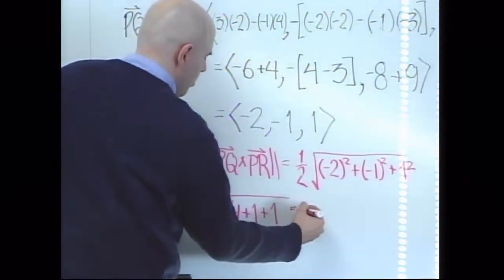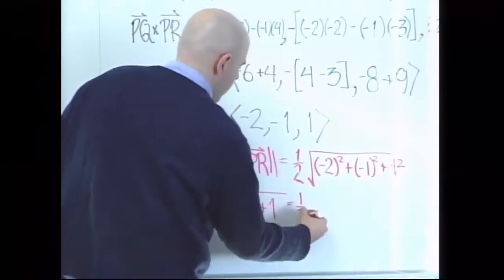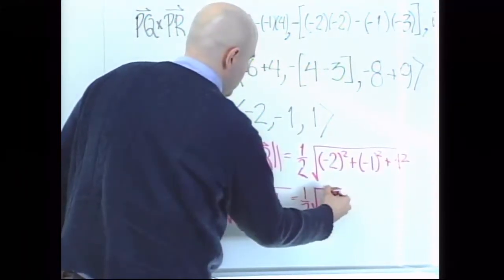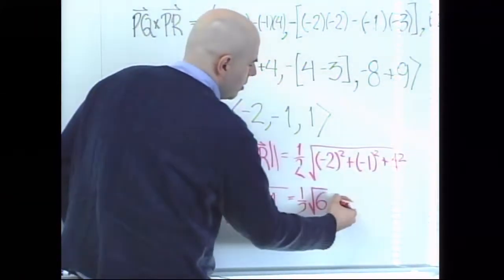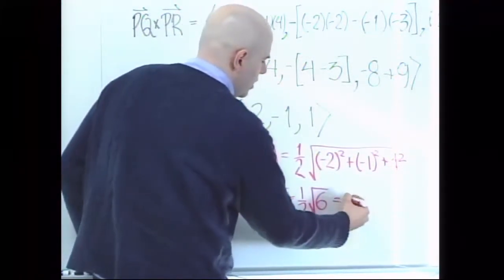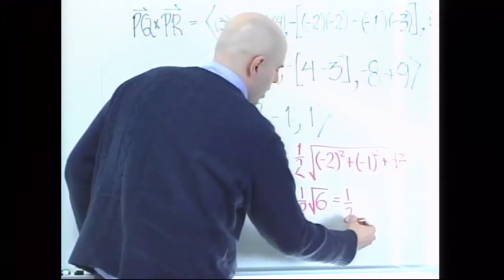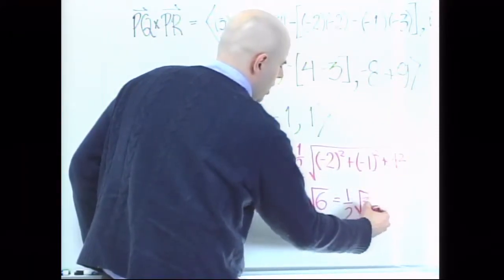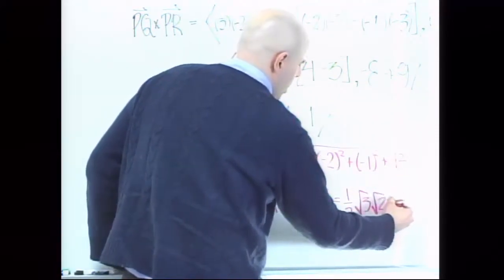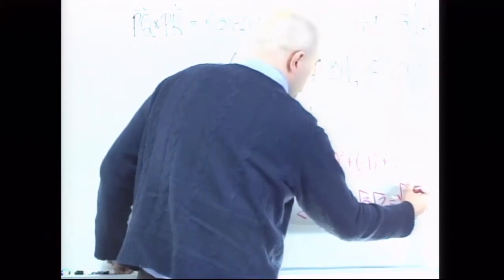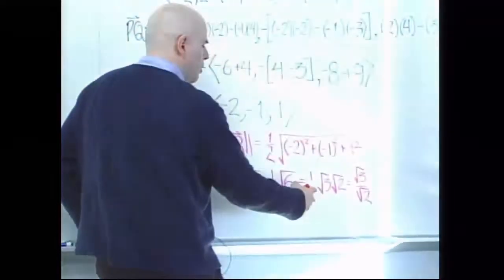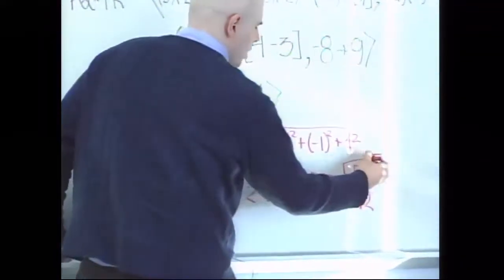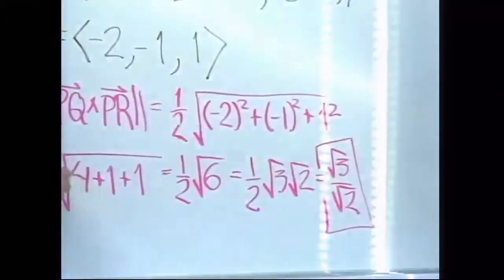So that gives you 1/2 the square root of 6. And you can leave it like that, or you can say the square root of 6 is square root of 3 times square root of 2, and that's equal to square root of 3 over 2, square root of 2. So that will be our result for the area of the triangle.